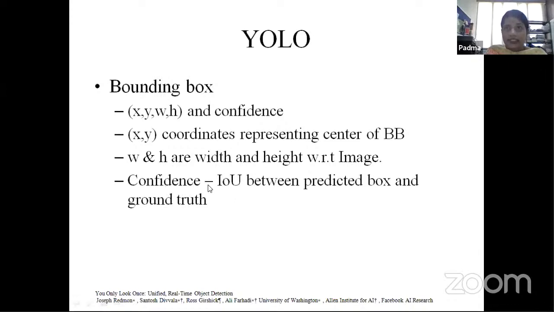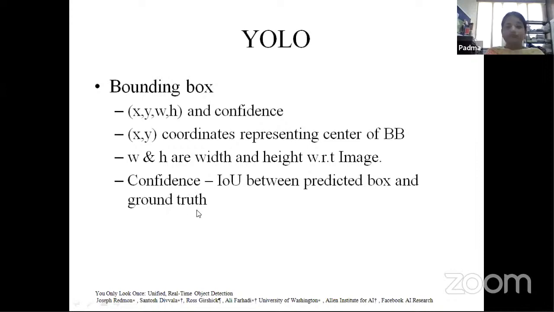We have seen in the previous slide, we will be able to compute IOU between the predicted box and the ground truth box. For each of the given images, our model would be able to predict some bounding box, that is nothing but the predicted box. And as it is a supervised case, it would also have some ground truth box.